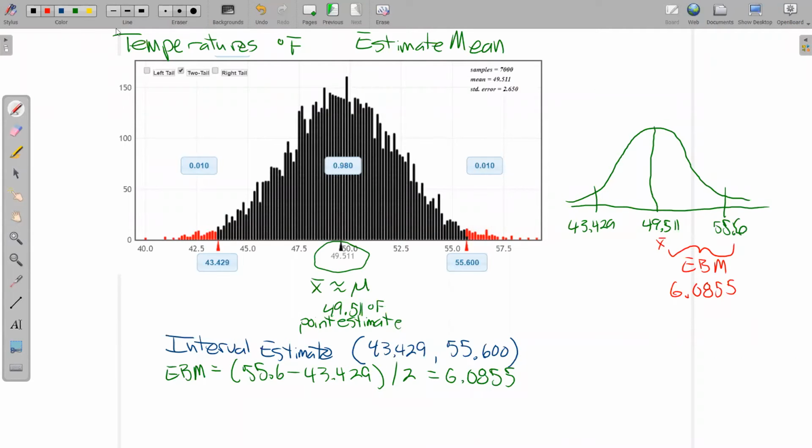And I should also write in here that this was a 98% confidence interval, and I could throw the tail probabilities in here too. And again, this would be my estimate of the average temperature.